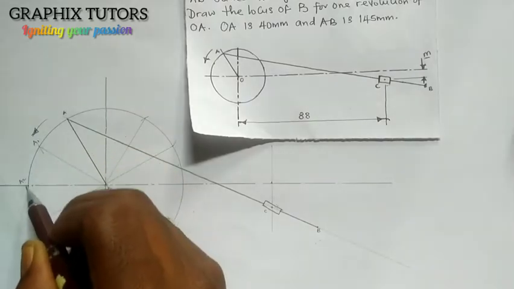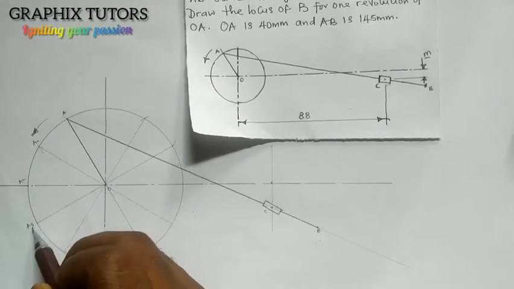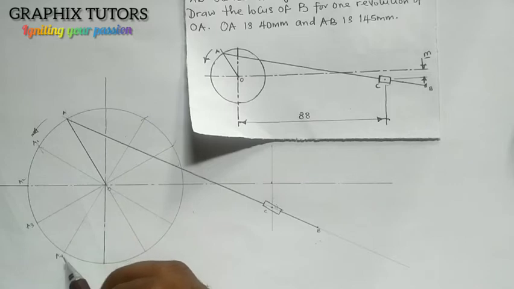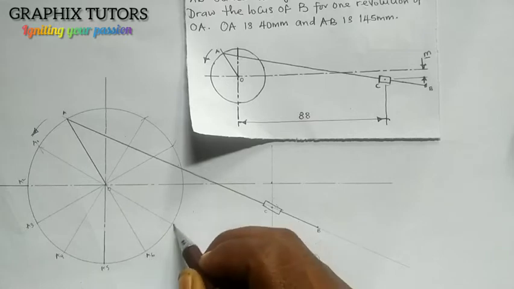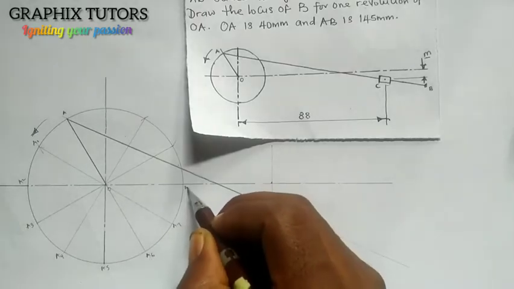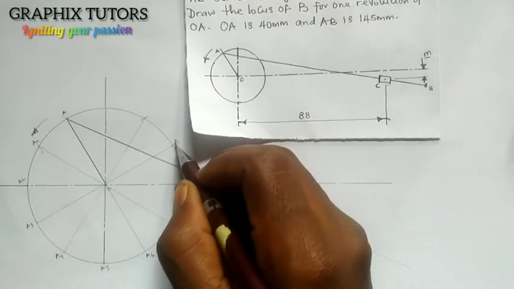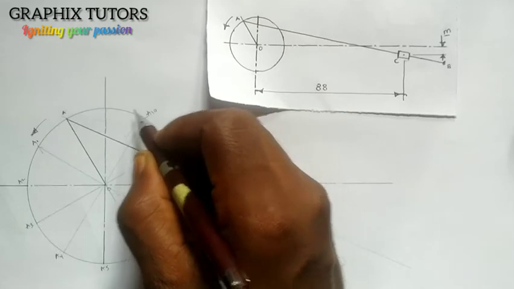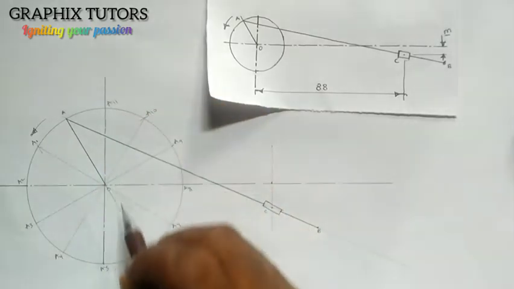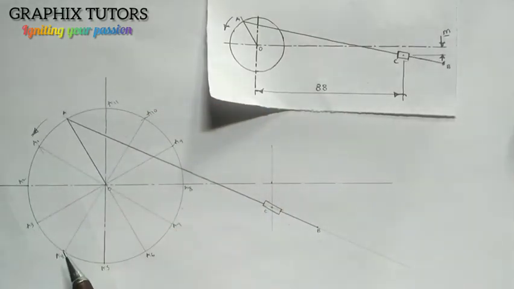Here will be A2, A3, A4, A5, A6, A7, A8, A9, A10, and A11. So that is going anti-clockwise.